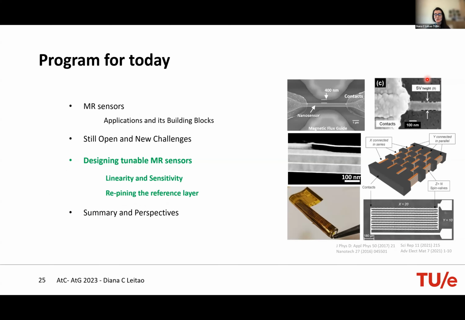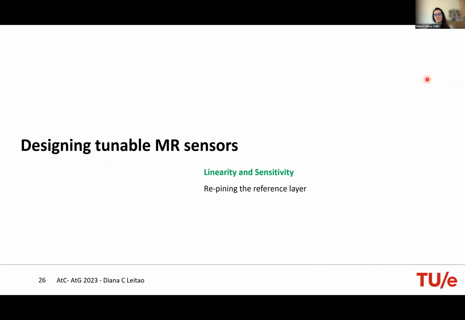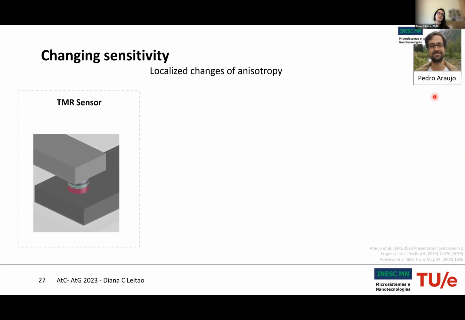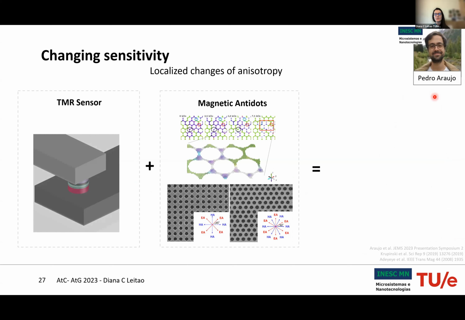And for that, I'm now going to go through a few suggestions that we are putting forward on how to design these tunable sensors. The first one will be focused on changing linearity and, because of that, the sensitivity. This work is being done by Pedro Araújo in collaboration with the team in Lisbon. What Pedro has been exploring is how, starting from the channel magnetoresistive sensors, we can locally induce changes in the free layer using artificial defects, and with that control how the magnetization behaves, and especially control the local anisotropy barriers.